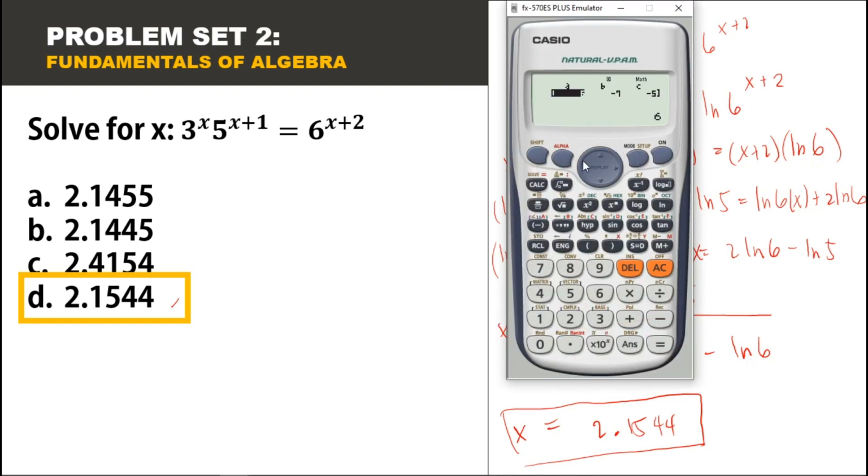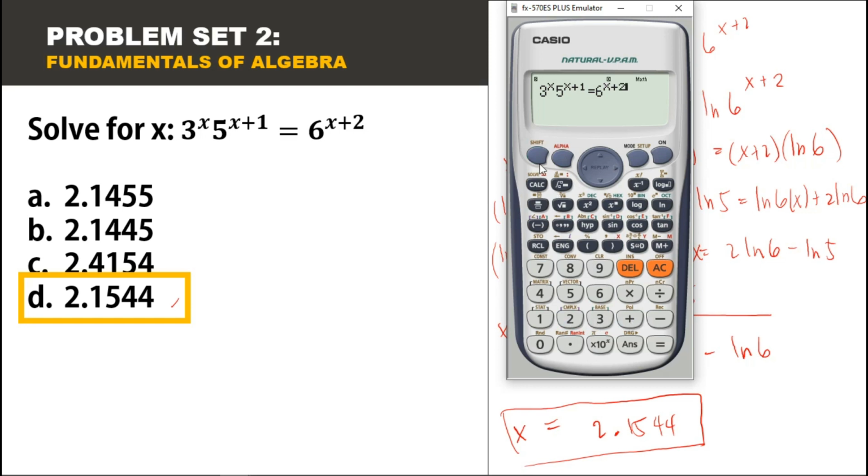It's the easiest way to solve this equation. Just type in the equation: 3 raised to x, times 5 raised to x plus 1, alpha calc, alpha equals 6 raised to x plus 2.